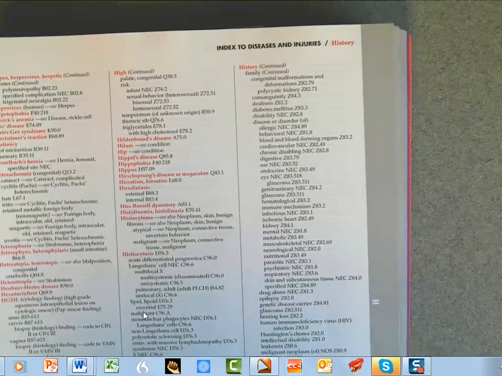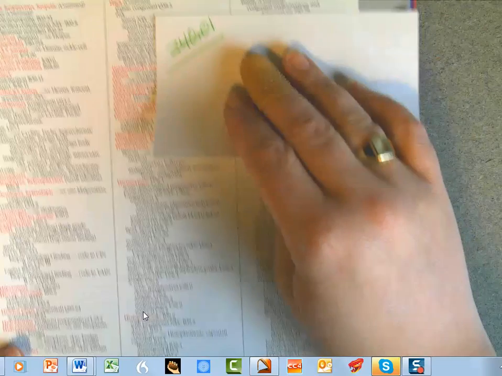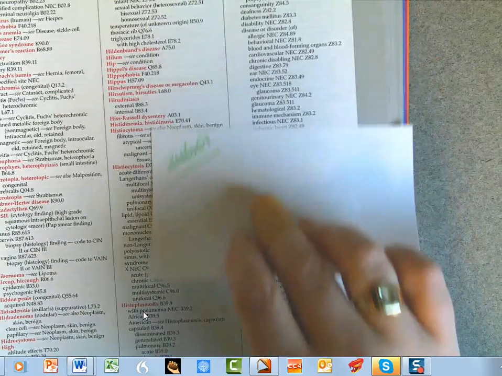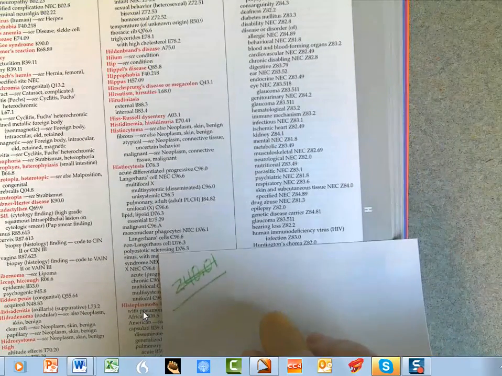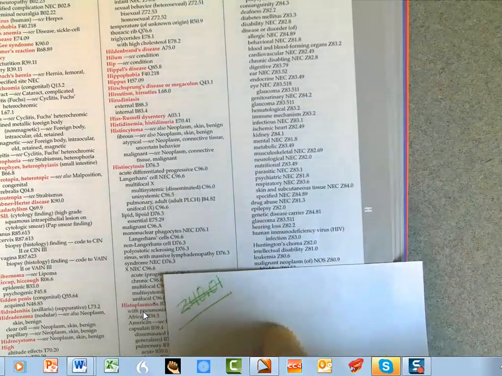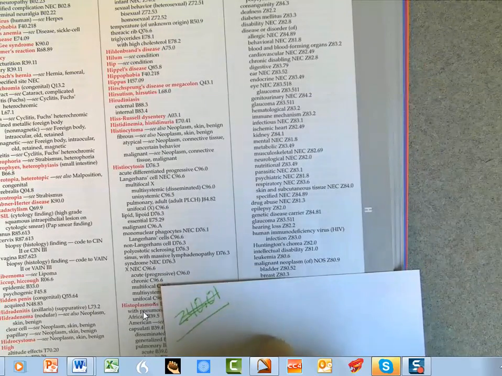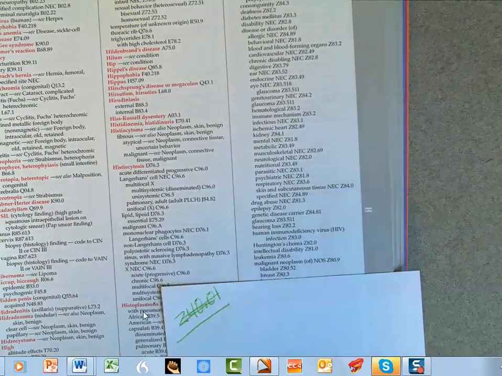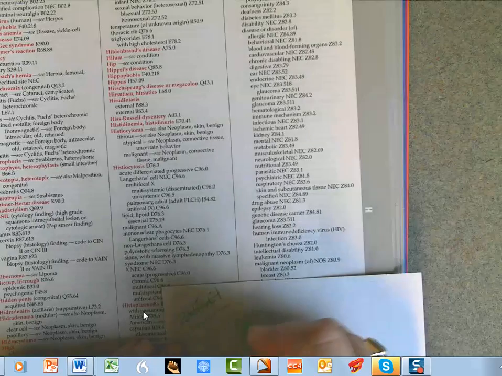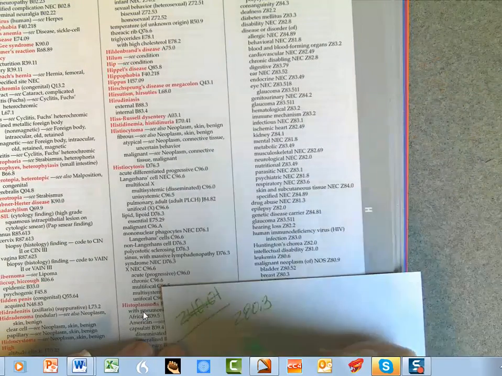In this instance, when we're talking cancer, we're talking malignant neoplasm. So let's go back over here to the next column and let's start looking for malignant neoplasm, and sure enough, there it is. And it's saying malignant neoplasm of, and we know it's of the breast. So that gives us Z80.3, okay? So now let's go back to our Z codes and look up Z80.3.